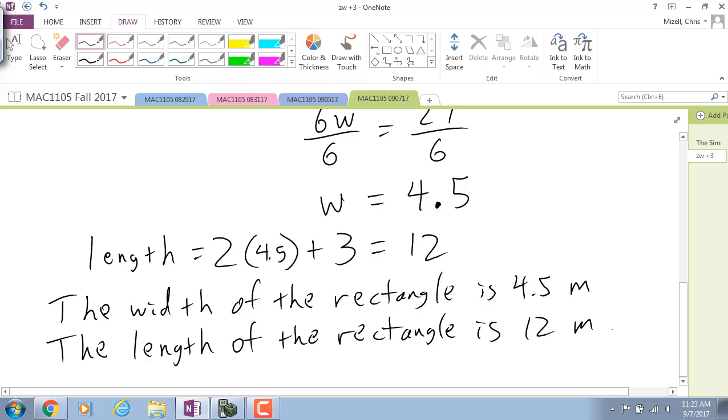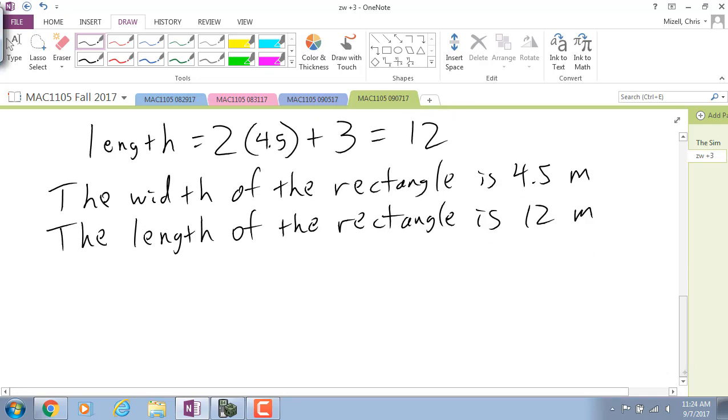And if we use those dimensions, well, we need two things. We need 12 to be 3 more than twice 4.5. Feel pretty sure about that. But we also need the perimeter of this rectangle to be 33 meters. If we take twice 12 and twice 4.5 and add those together, will that give us 33 meters?